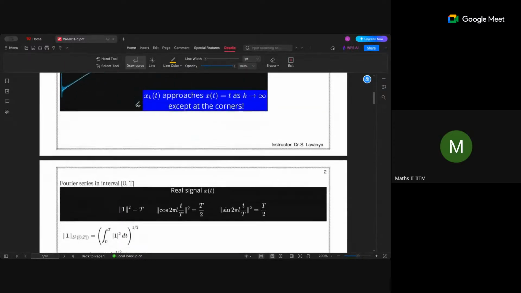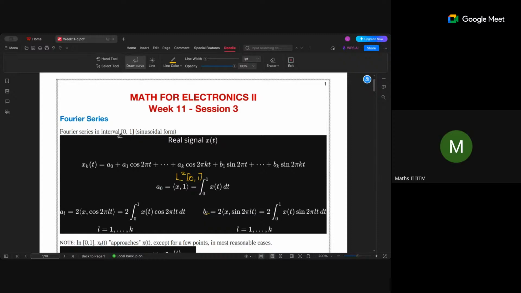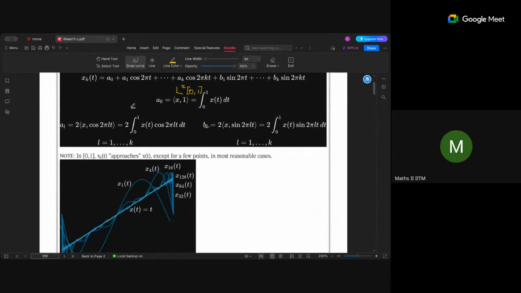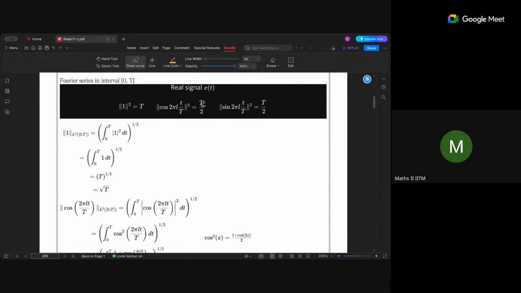Now how to do the same Fourier series in the interval 0 to T? In 0 to T, what happens to the norm? In 0 to 1, the norm of 1 is the integral from 0 to 1, but here what is the norm of 1? Here also we are looking at a real signal only.